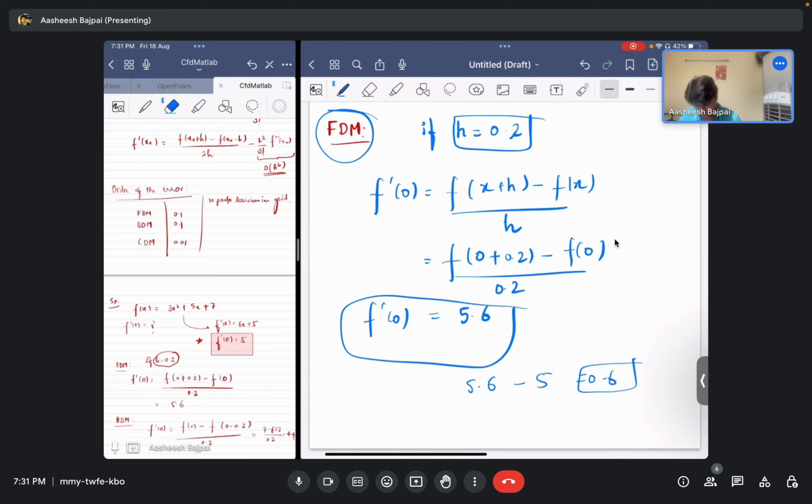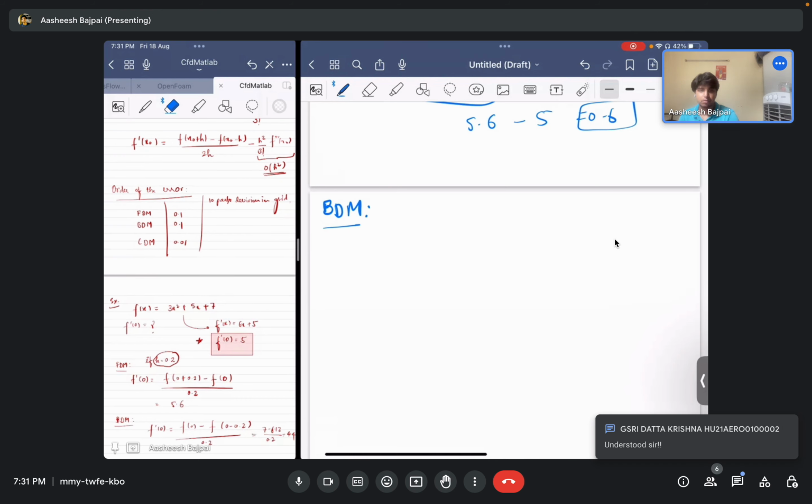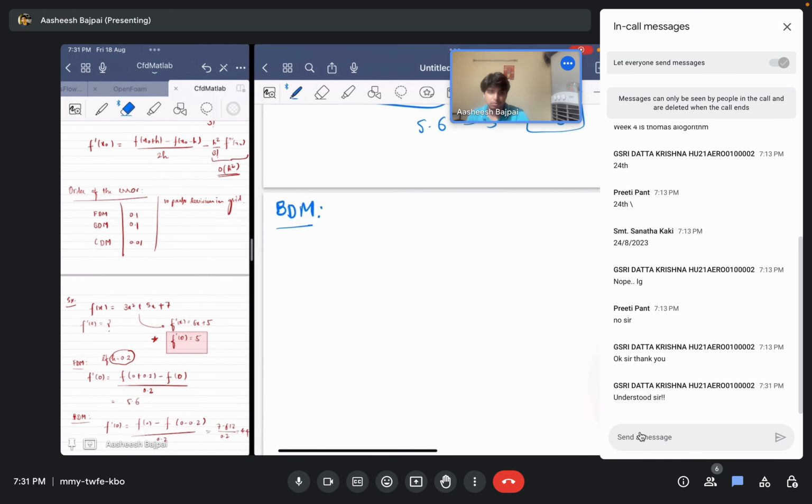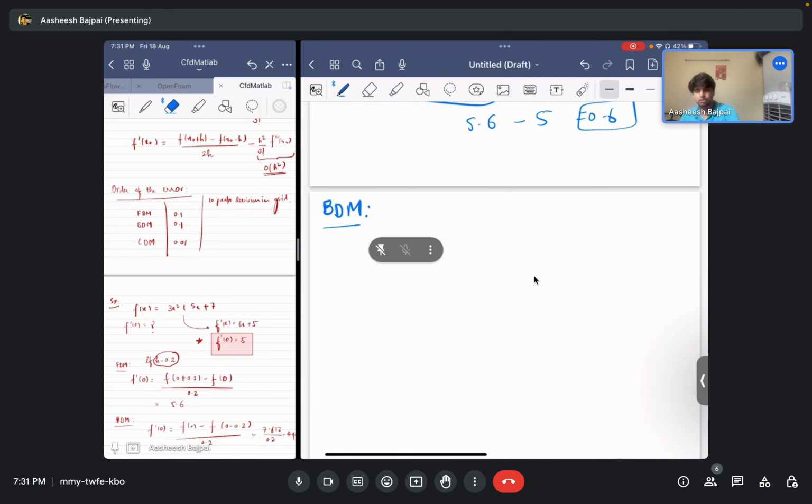Okay, let's do the same problem by the backward difference method.